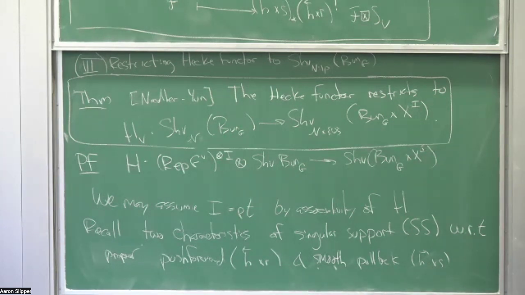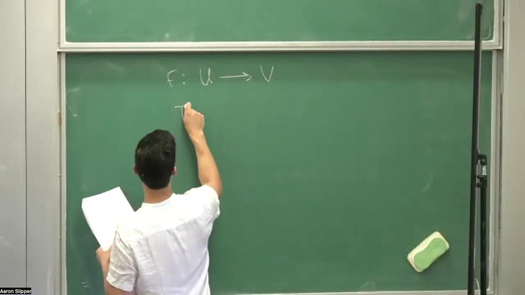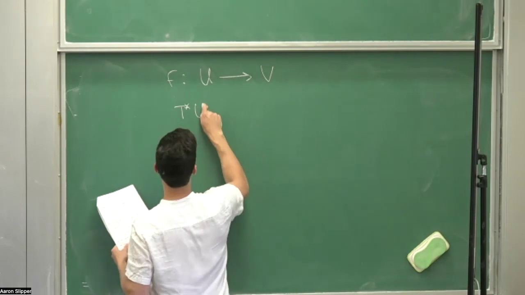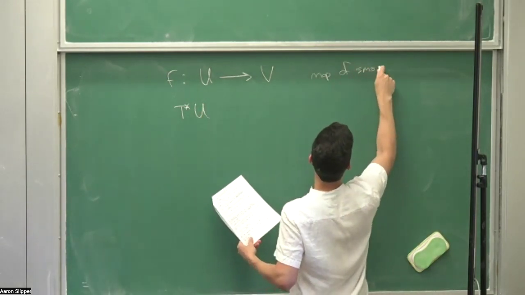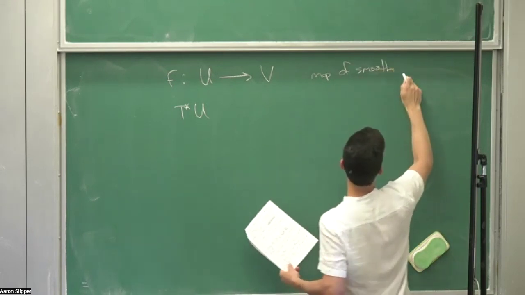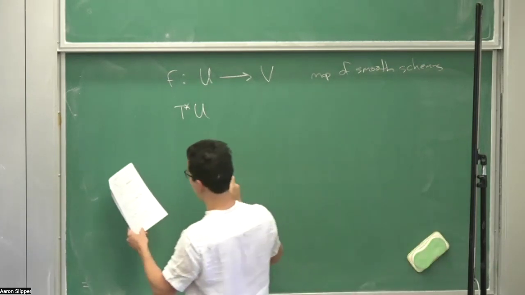So let me write it in the following way. Suppose f is a map of smooth schemes, then you have the diagram. I can assume these are stacks, but let me just say schemes. You have a diagram.